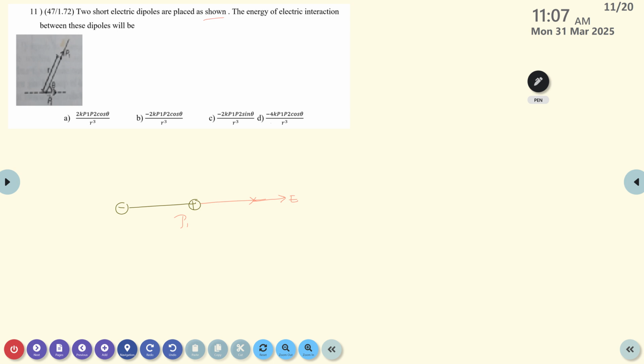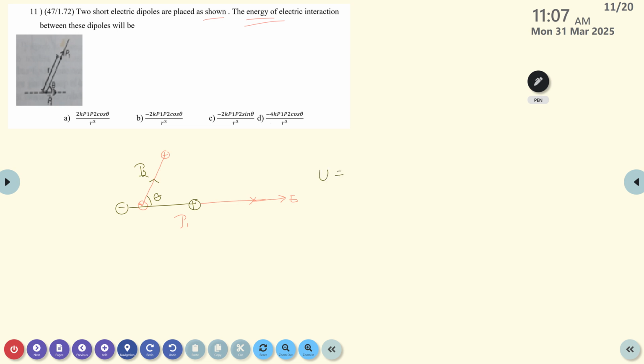Okay, fine. He is asking potential energy. Here another dipole is there. This charge is minus, this charge is plus. So the direction of the dipole moment is from negative to what? Positive. This is P2. This angle is theta.